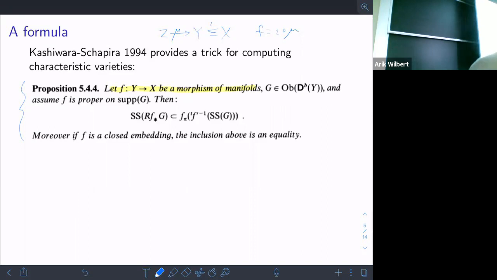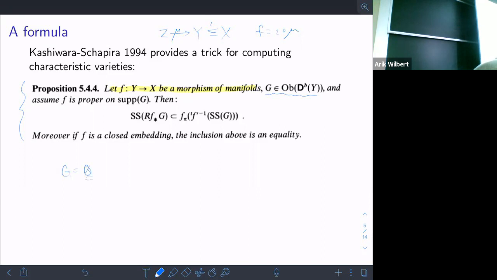Okay, so let's see. We need some complex on the smooth space. I'm going to take G to be the constant sheaf.